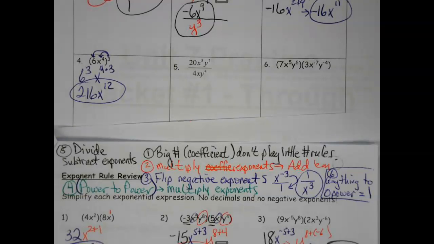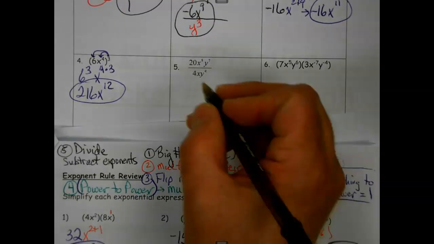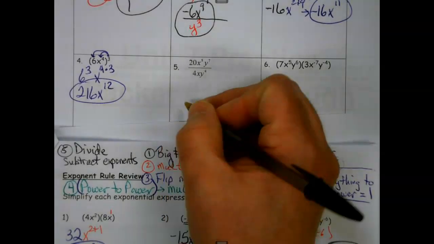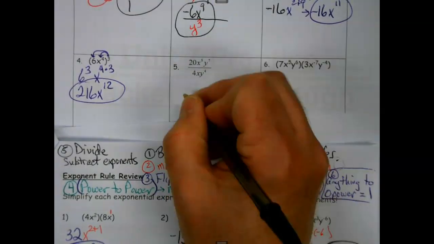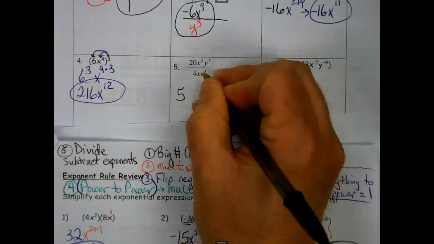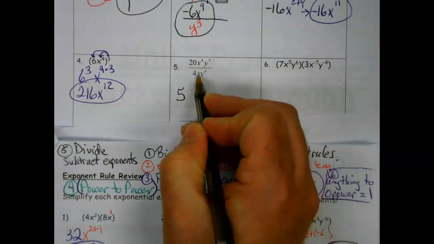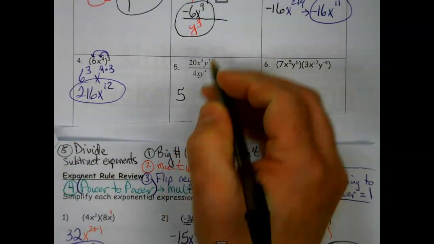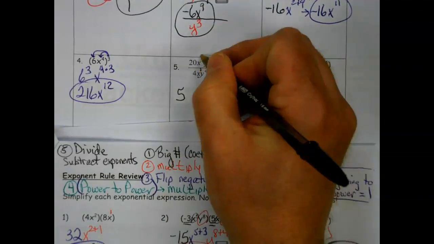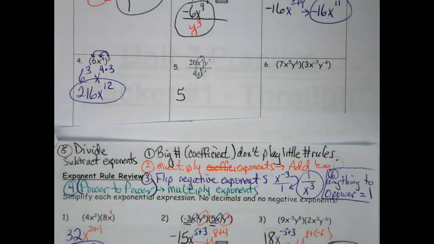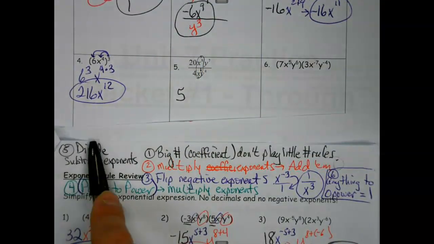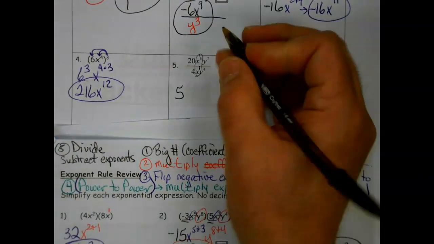Coefficients. They just do normal stuff. What's 20 divided by 4? 5. Okay. What exponent's on a variable when I don't see one? 1. So there's my x's. Okay. When we divide, we're subtracting the exponents.